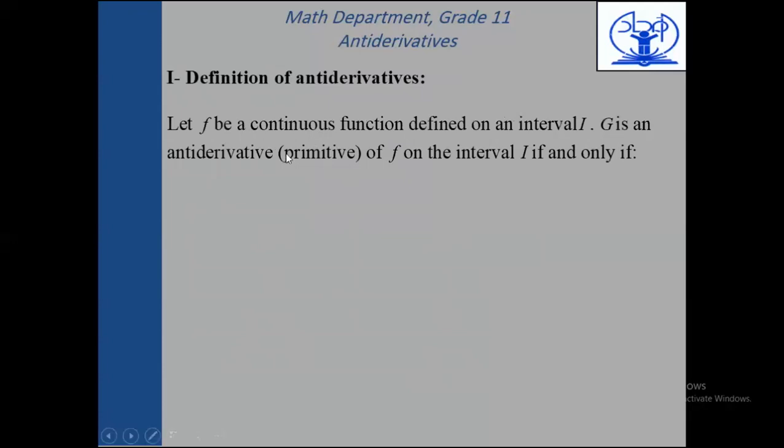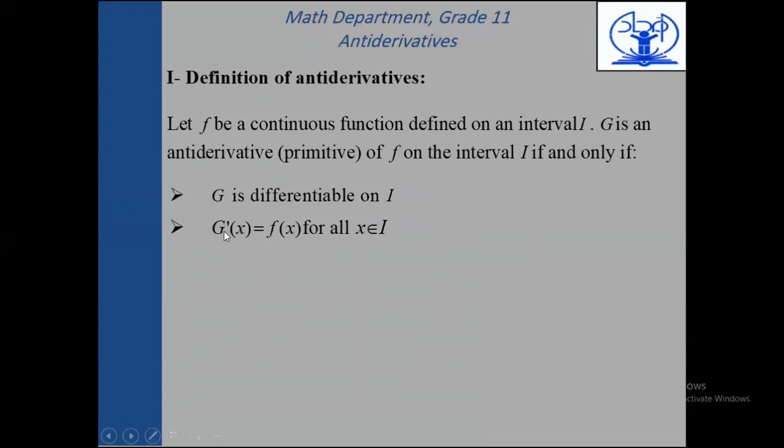So what is an antiderivative? Let f be a continuous function defined on an interval I. Capital G is said to be an antiderivative or primitive of lowercase f on the interval I if and only if G is differentiable and the derivative of G is f.